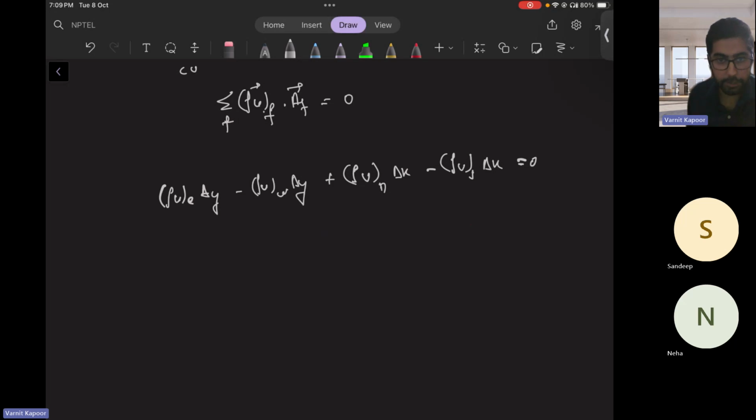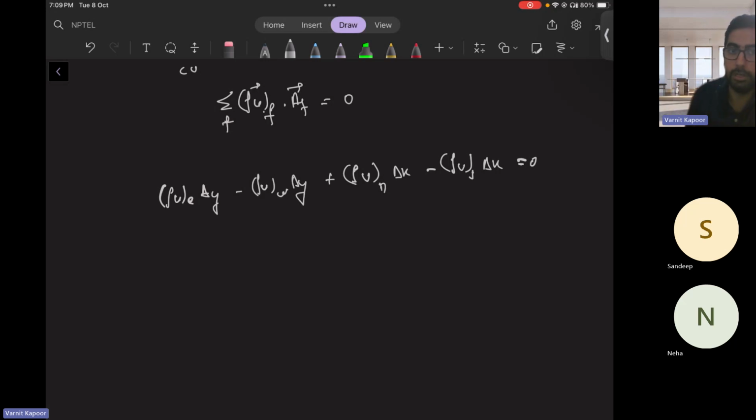So this time we don't need to interpolate these because these are not stored at cell centers. The velocities are readily available at the cell faces. We have a control volume for it. So this eliminates the velocity checkerboarding.